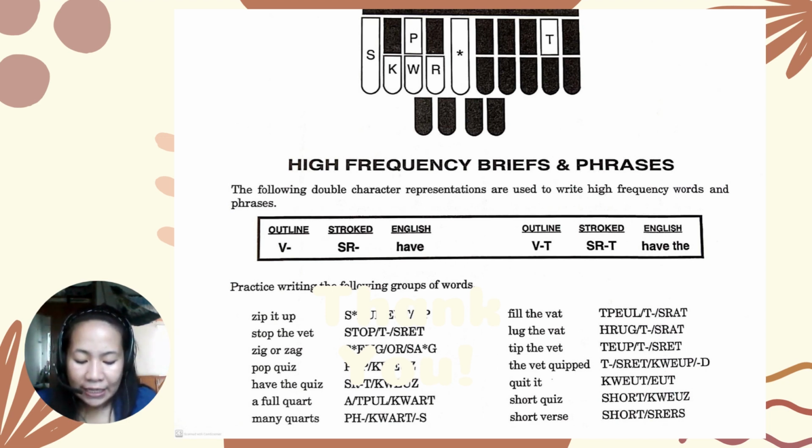For VT, you're going to press SR and then the final T, and that will represent the phrase have the. So try practicing writing the following groups of words on a piece of paper.